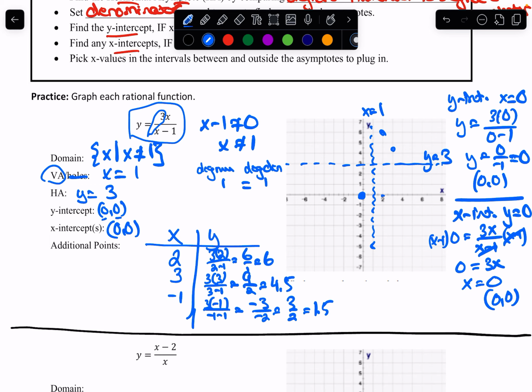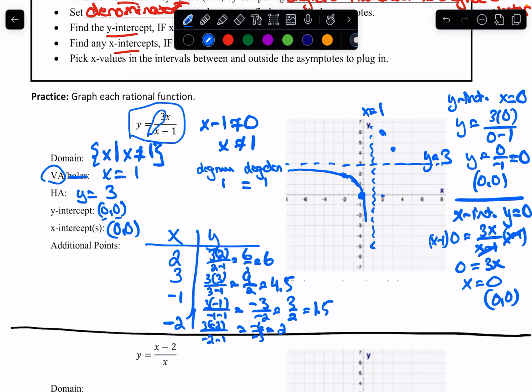So (negative 1, 1.5) over here. Negative 2 is 3 times negative 2 over negative 2 minus 1. Negative 6 over negative 3, which is a 2. Negative 2 and 2 is over here. Okay, now we know that it's going to approach that y equals 3, but never touch.